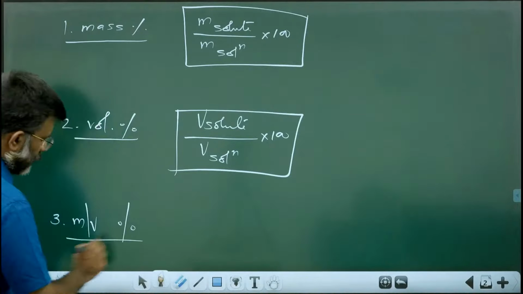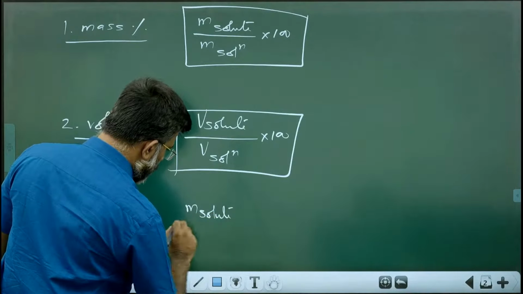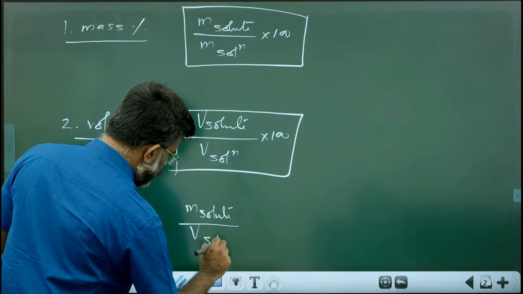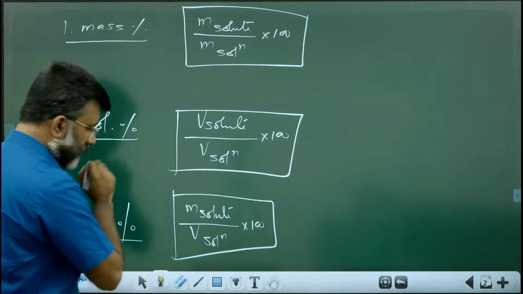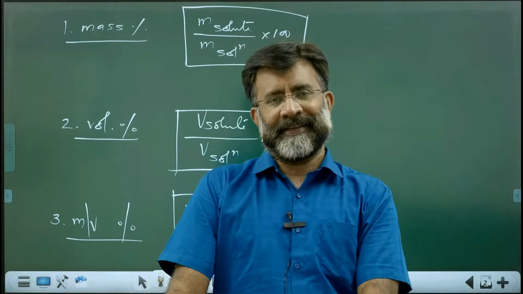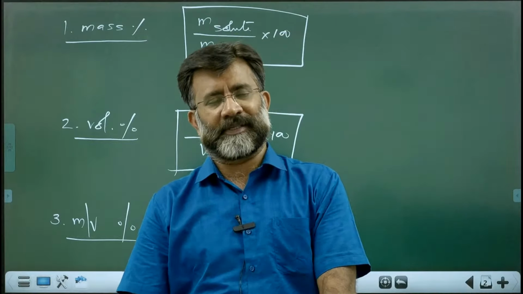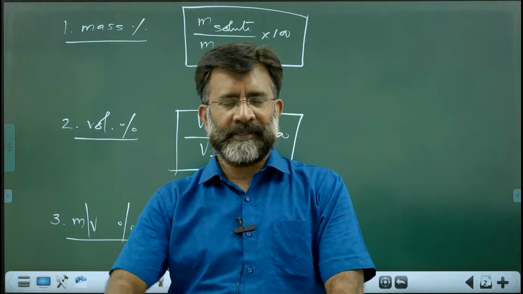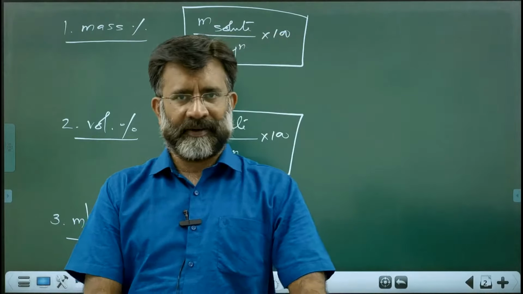What is mass volume percentage? Mass of solute divided by volume of solution into 100. How many grams of solute in 100 ml solution? That is mass volume percentage. So mass percentage, volume percentage, mass volume percentage, right?